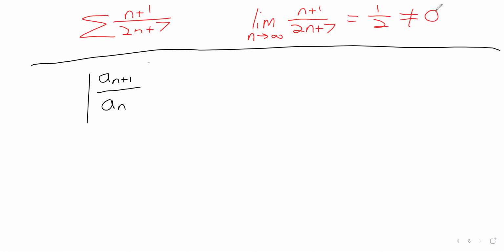But what happens if we hit it with the ratio test? Again, this doesn't really look like the ratio test to me because we don't have exponentials and we don't have factorials, and this intuition is going to be proven correct. Give myself more space to write up here.